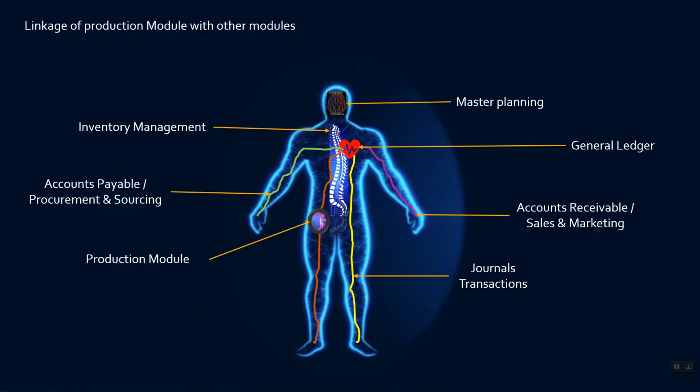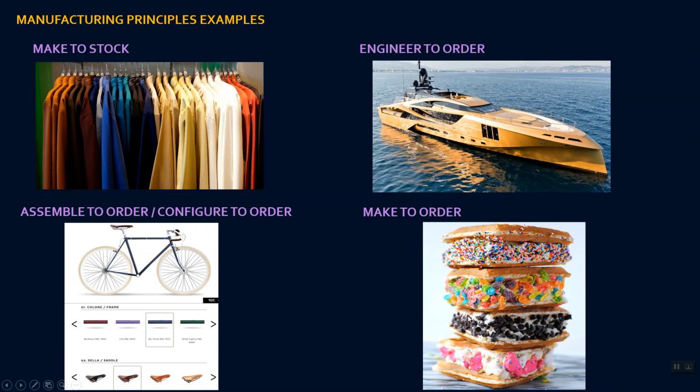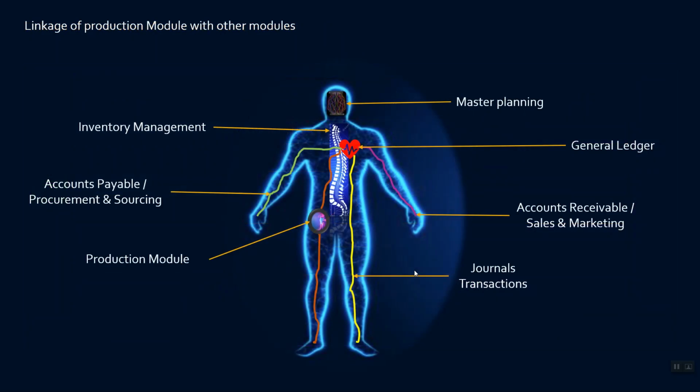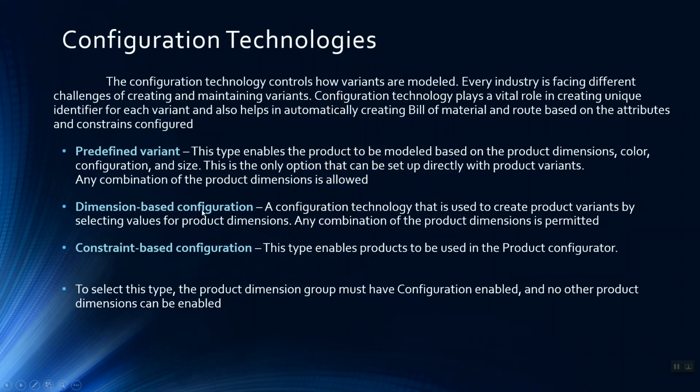In this particular example, you have jelly balls and choco chips readily available, and at any given point of time you can pick that material, pick the top layer, bottom layer, cream in between, and make this particular item ready. So in this type of industry, dimension based configuration technology can be used.